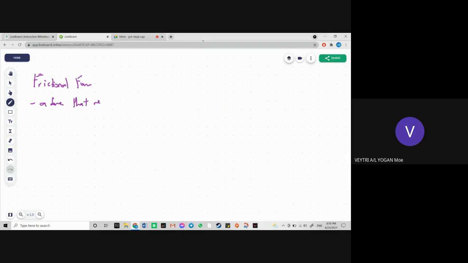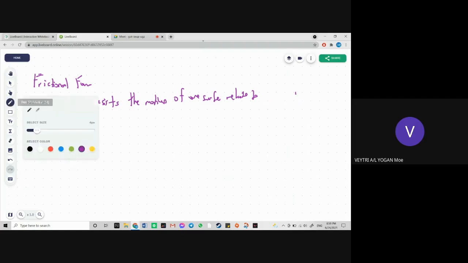that resists the motion, basically menyekat lah, the motion of one surface relative to another with which it is in contact.